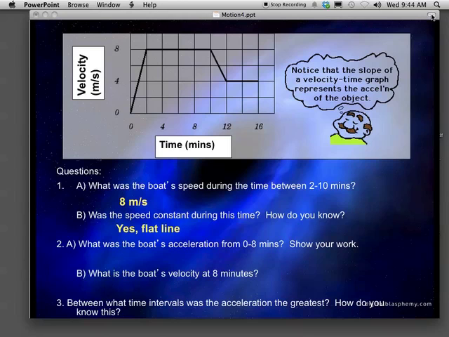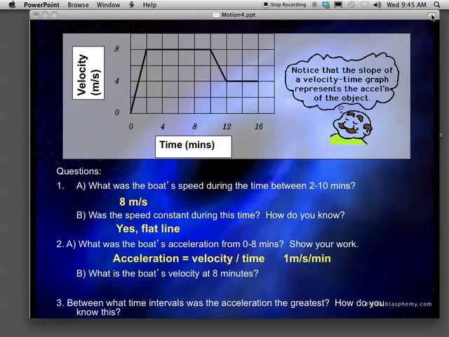Very good. All right, so let's look at this. What do we need to know to do this? Change in velocity over change in time. What was it between 0 and 8 minutes? What was the change in velocity? It started at 0, and at 8 minutes it was 8 meters per second.